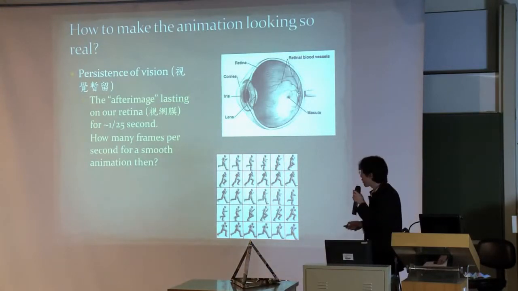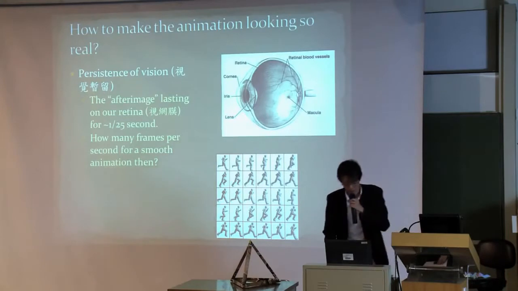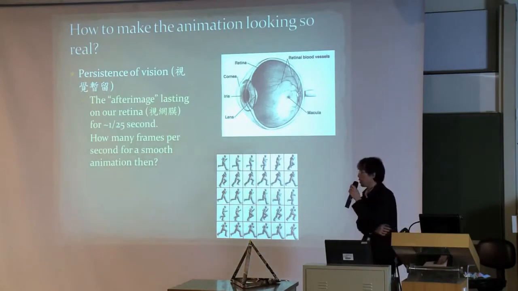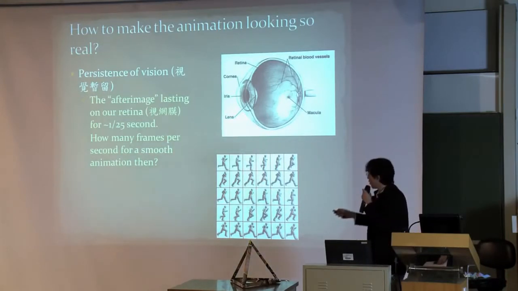Because of this feature, let me ask you a question. How many frames per second are needed in order to show a smooth animation? We can get a roughly correct number from this typical number here.